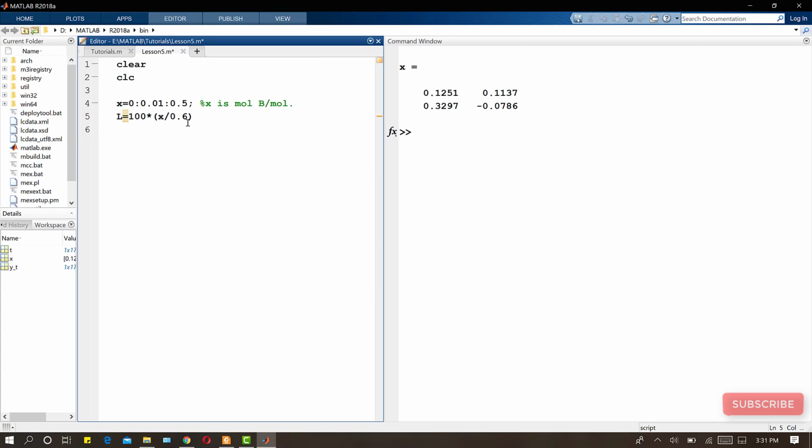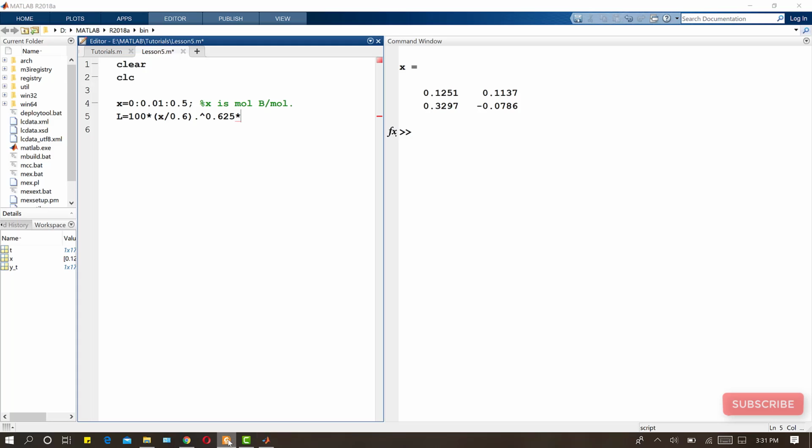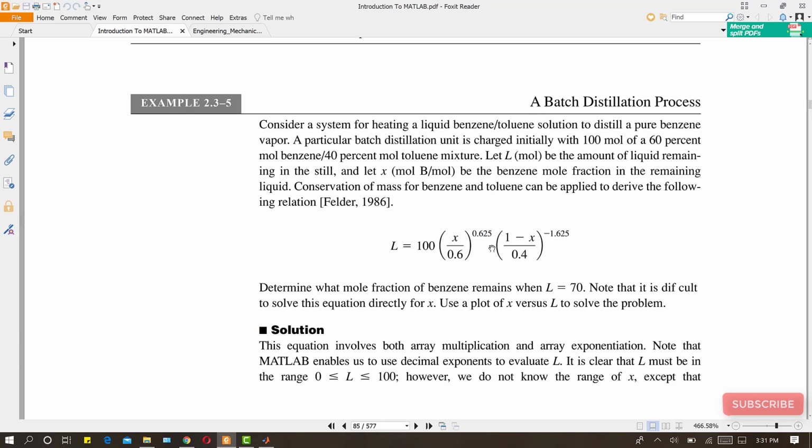As we see that X is a vector, if we want to raise this X row vector to some power, we will write dot exponentiation, that is an element by element exponentiation. So the power is 0.625, and then there is multiplication, so we will write multiply and then 1 minus X divided by 0.4.